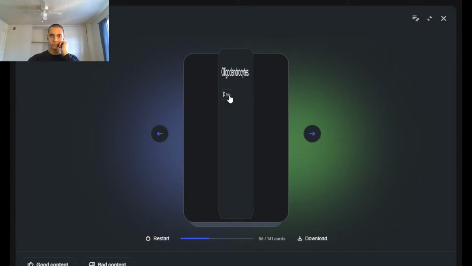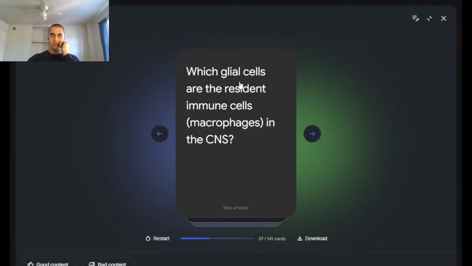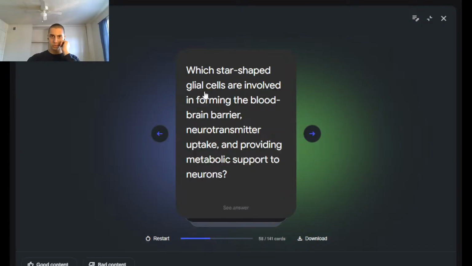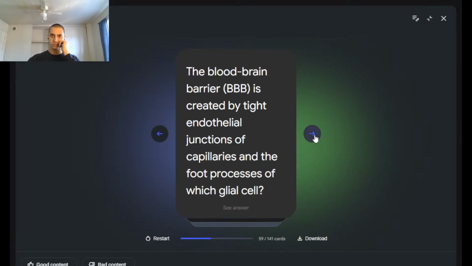Which glial cells form the myelin sheaths in the CNS? Oligodendrocytes. Which glial cells are the resident immune cells in the CNS? Microglia. Which star-shaped glial cells are involved in forming the blood-brain barrier, neurotransmitter uptake, and providing metabolic support to neurons? Astrocytes.